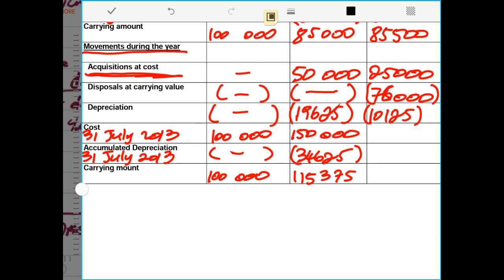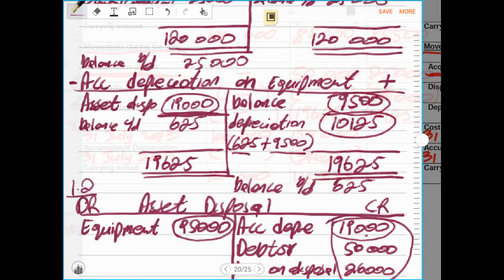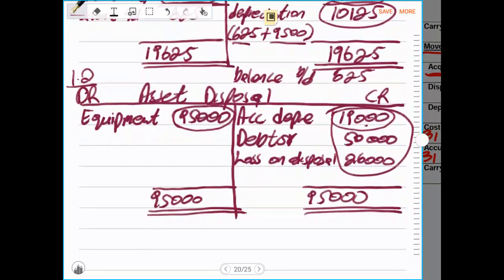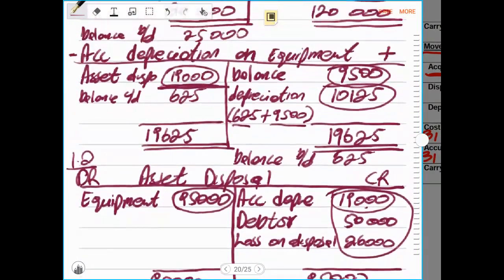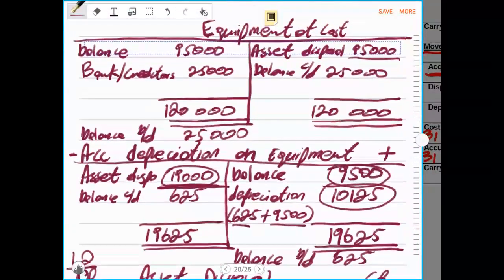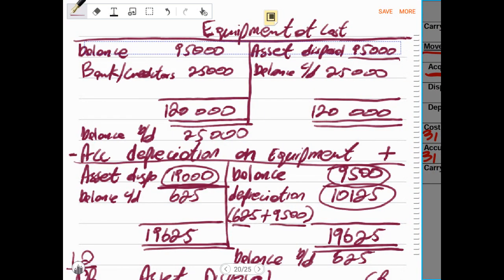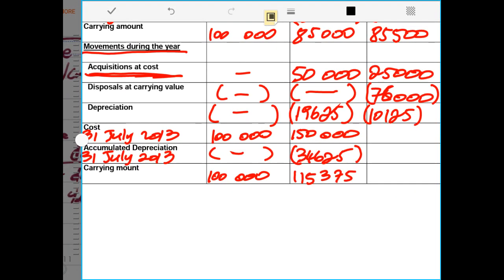Then after, we have the cost of the equipment at the end of the period. Therefore now we do have that as how much was the cost. The cost is 25,000 rands at the end of the period. So now we record that as 25,000 rands.